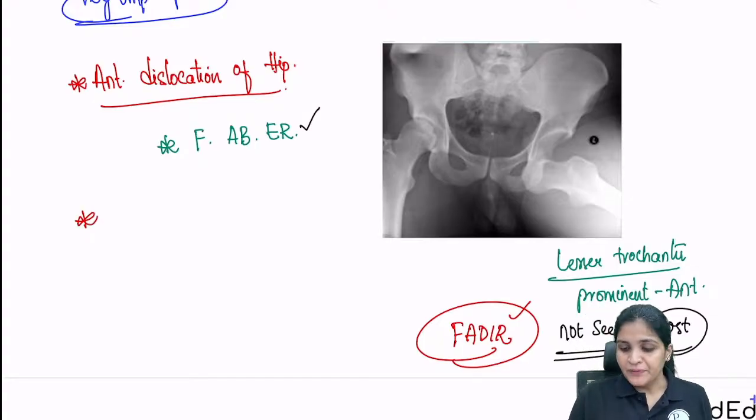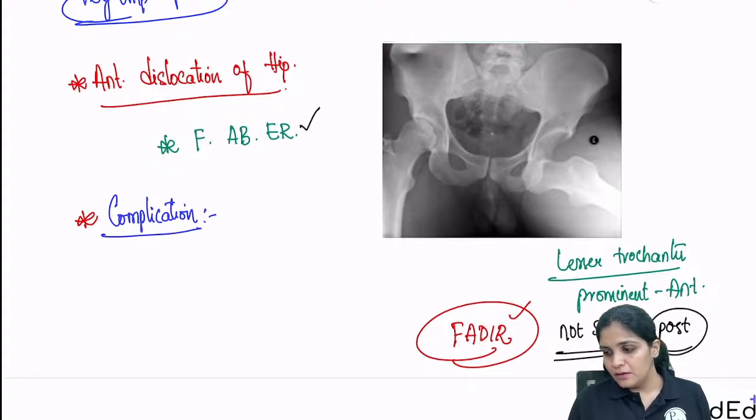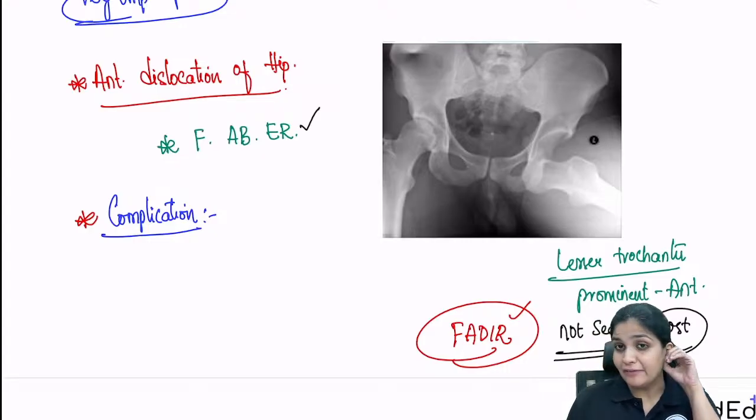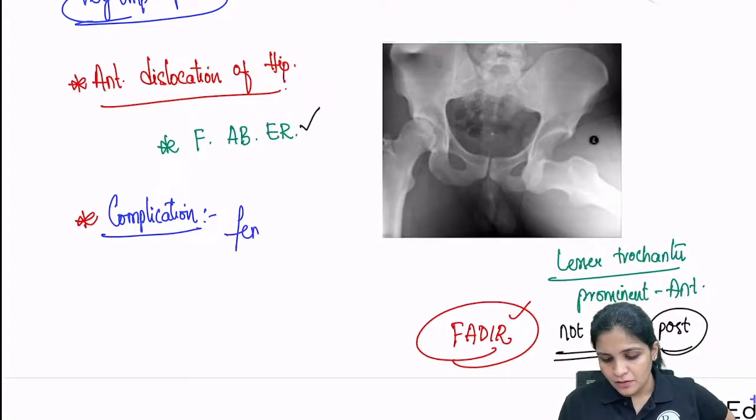And what is the important complication of this? There will be injury to the vessel or the nerve. So femoral artery.